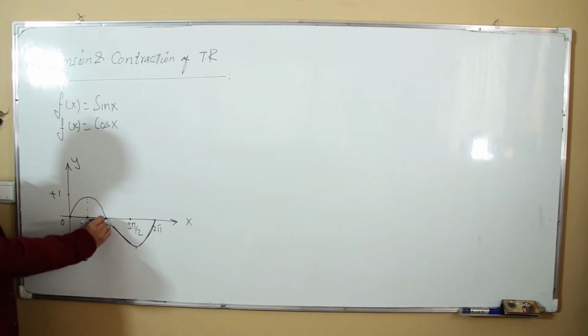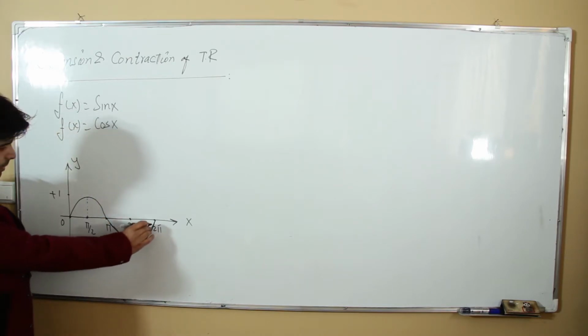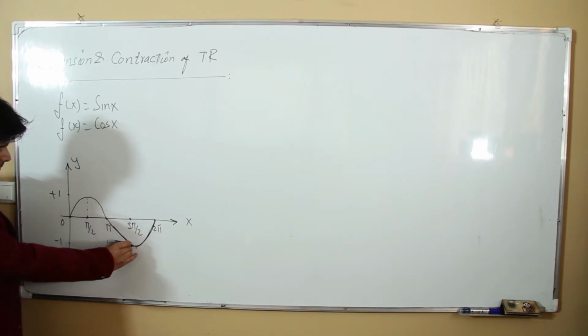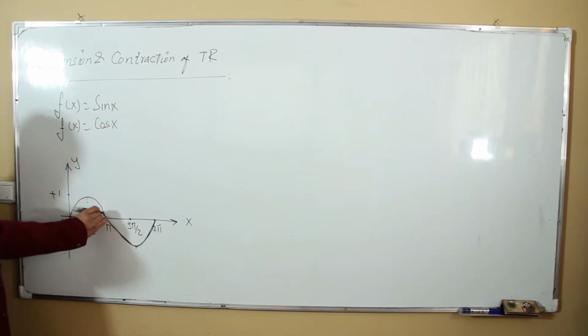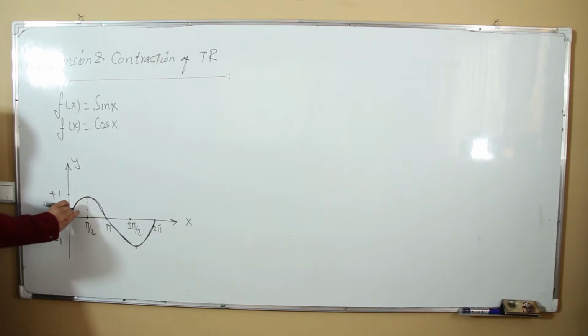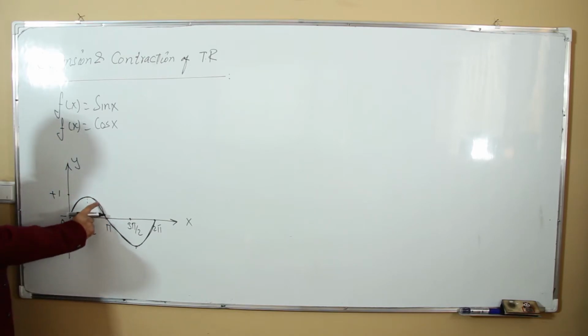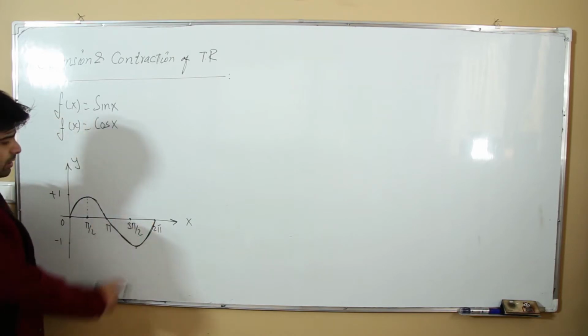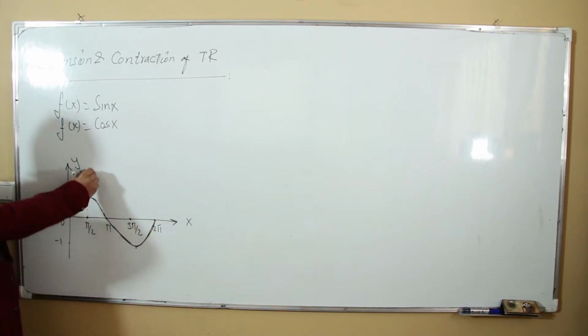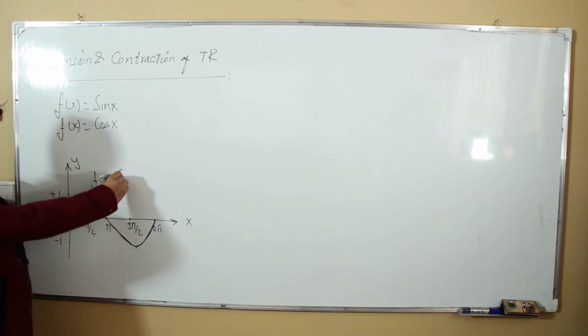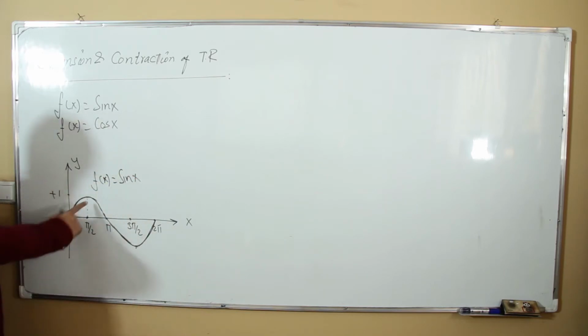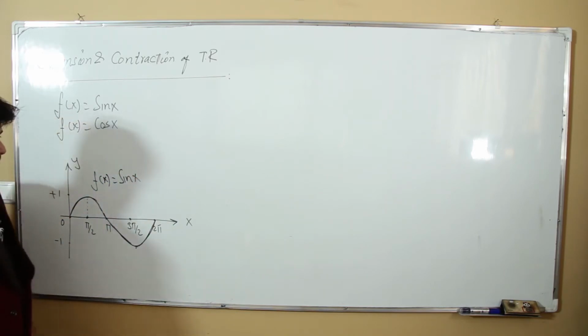Am I right or not? Yes. Now this graph is convex from 0 up to pi, and a concave graph we have from pi up to 2 pi. This is the graph of f(x) = sin x. Maximum value is +1 and minimum value is -1.